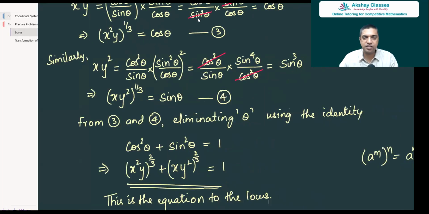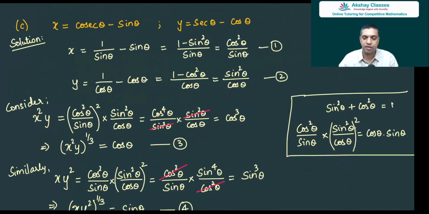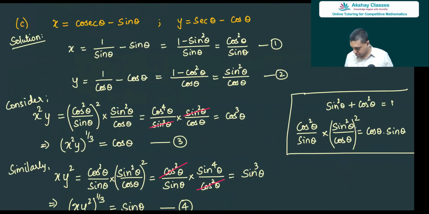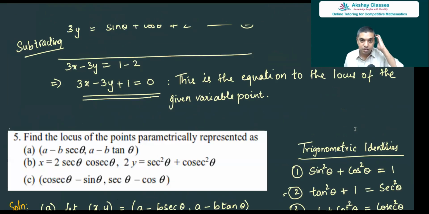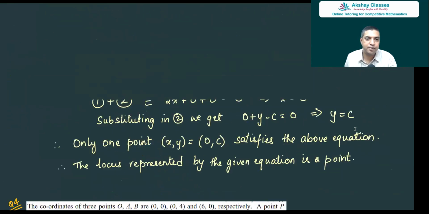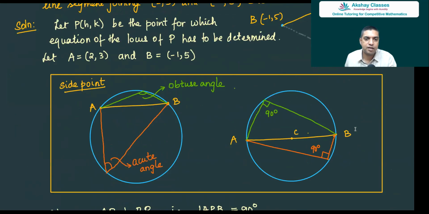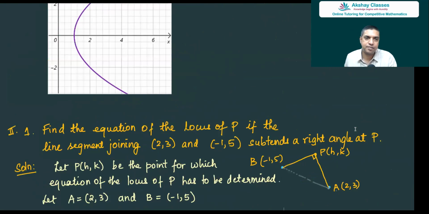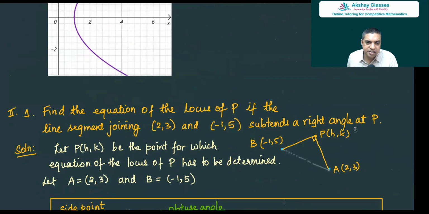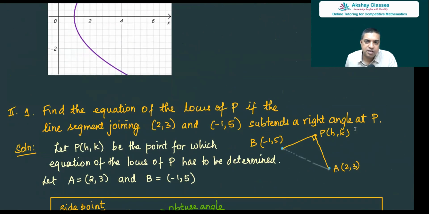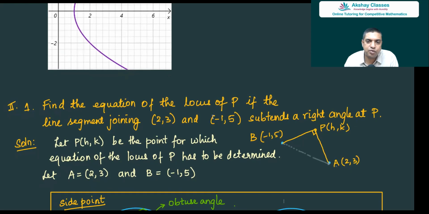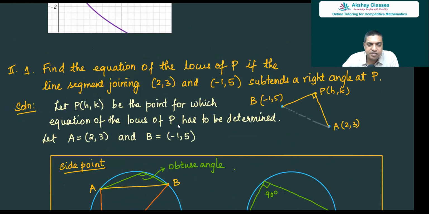See, in the first type of questions, the questions of the earlier type, there were some conditions given, like this: find the equation of the locus of P if the line segment joining these 2 points subtends a right angle at P. So we assume the point and then apply the conditions.